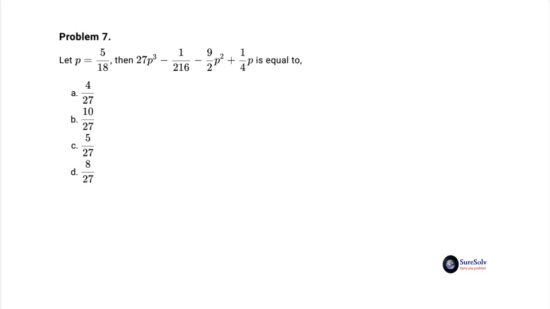Let's try. The given expression 27p cube minus 1 by 216 minus 9 by 2 times p square plus 1 by 4p equal to 3p whole cube minus 3 times 3p whole square times 1 by 6 plus 3 times 3p times 1 by 6 whole square minus 1 by 6 whole cube.